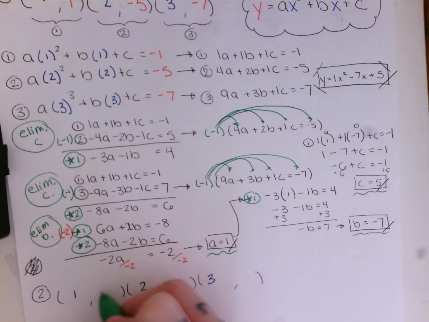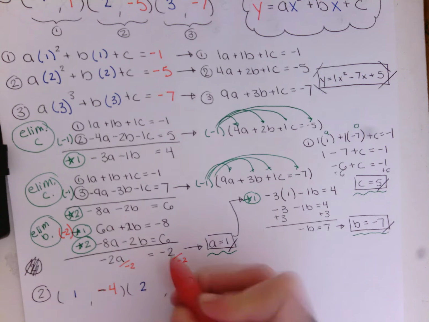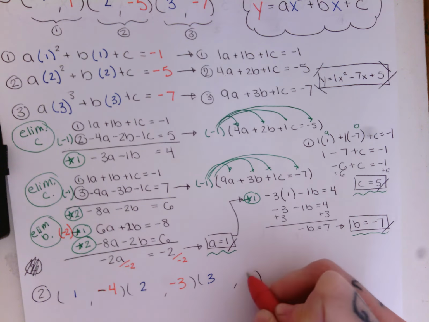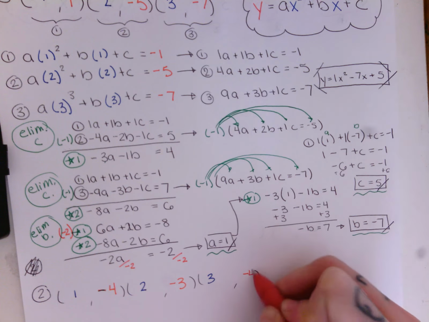For y's, I have negative 4, negative 3, and again a negative 4.